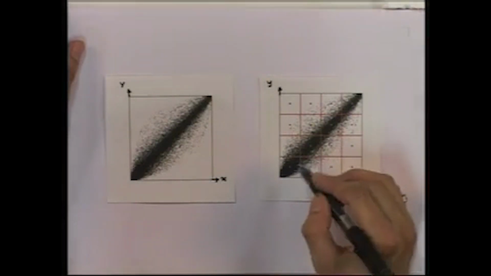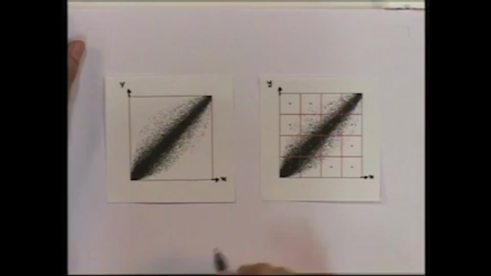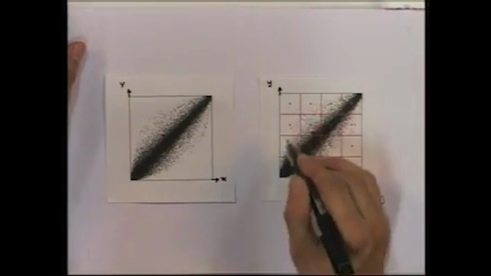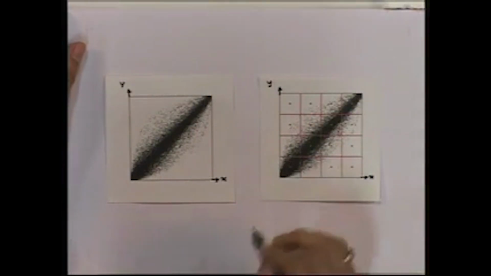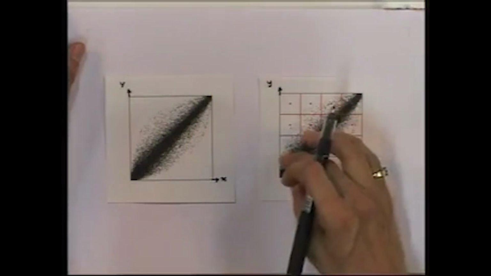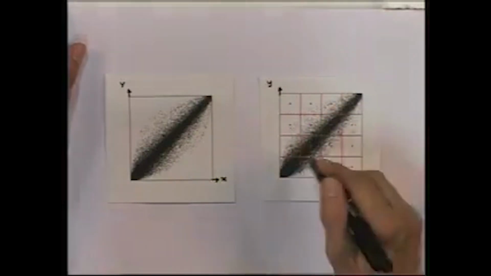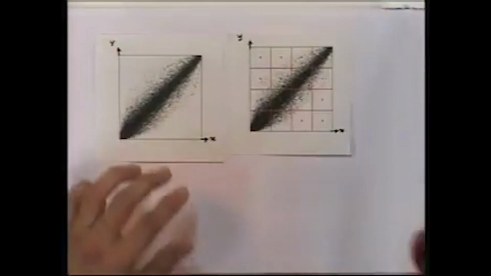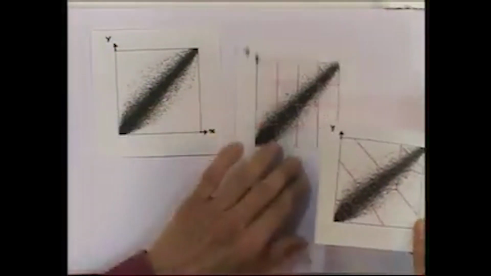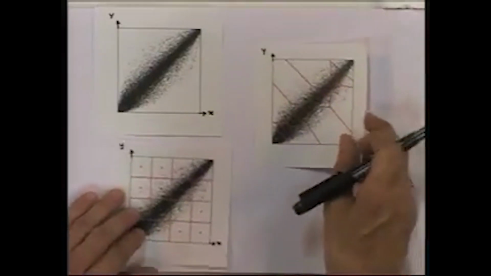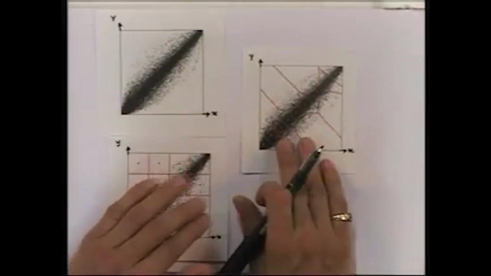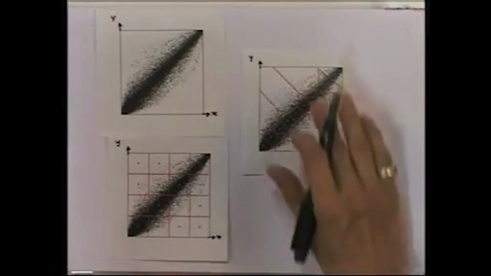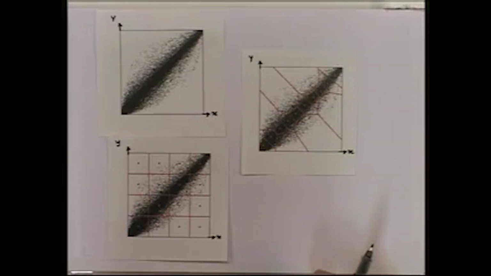Now, in order to minimize the mean quantization error, we will place all these vectors, or code vectors, inside the dense cloud around the y equal to x diagonal. So, if we do that, the figure here shows how things look with vector quantization.